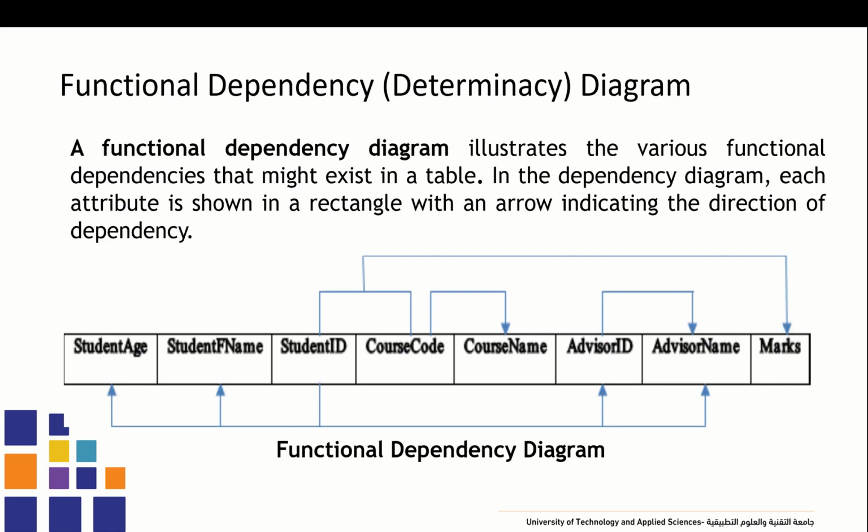So there are three functional dependencies available. Now in the exam they will give you problems like this. They will give you a table. In this table they have already connected, you can see the connections are there. You just have to write the functional dependencies from this. For example, here I can write student ID determines, just follow the arrow marks, student ID determines student first name. Then student ID determines student age.